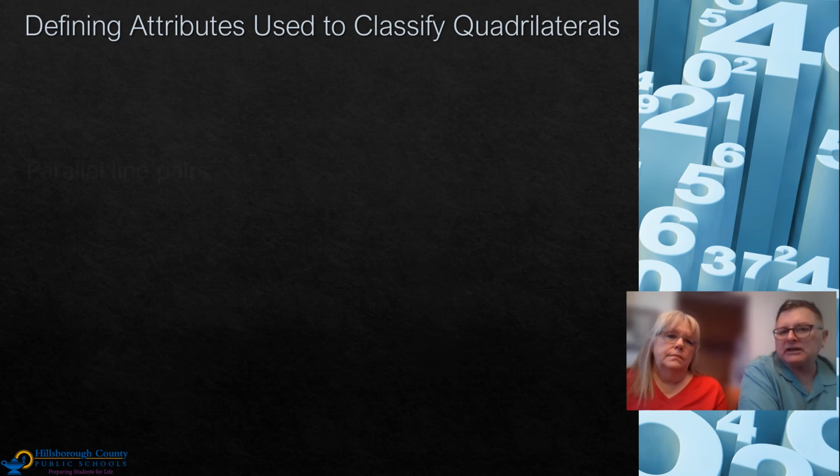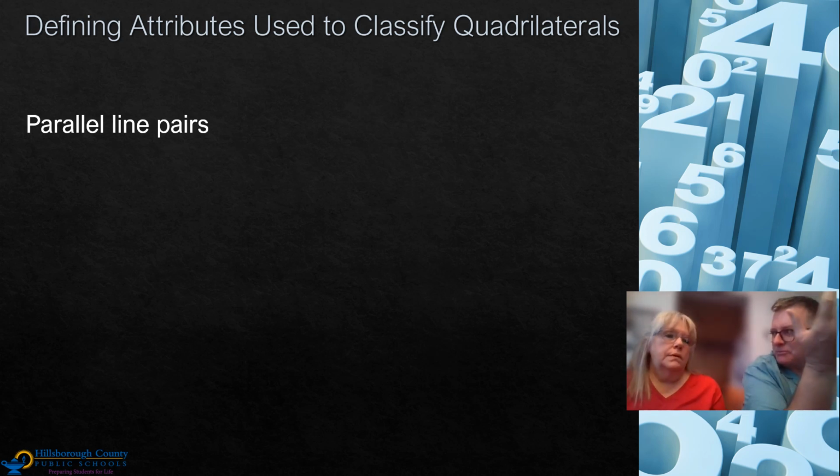So based on this slide, I see that when we think about defining attributes, now we're being real specific. We need to think about pairs of parallel lines, right angles, and congruent sides.